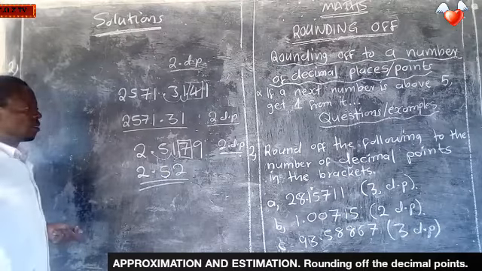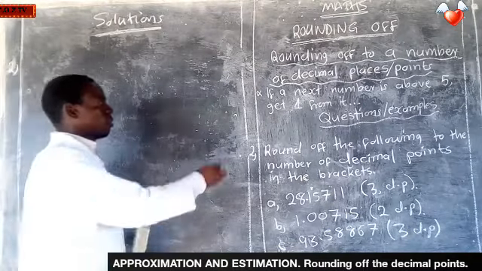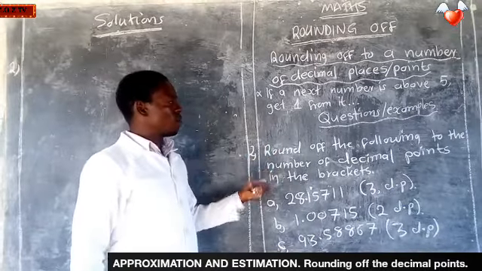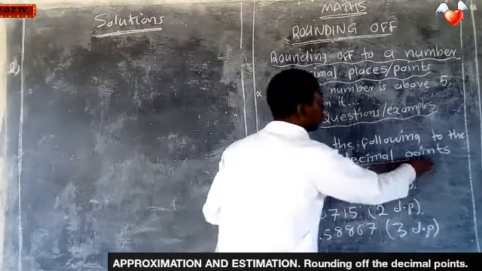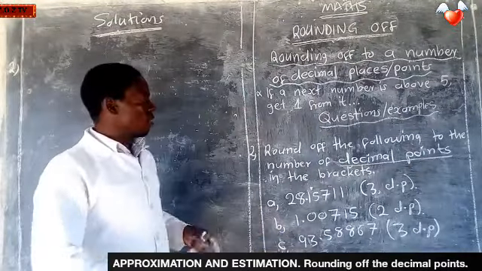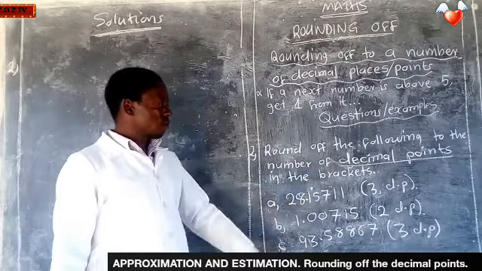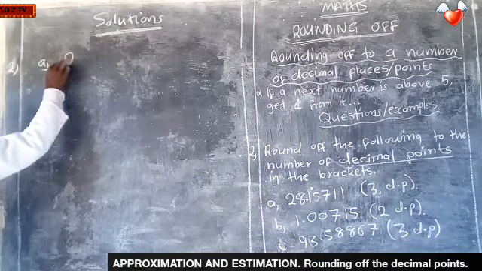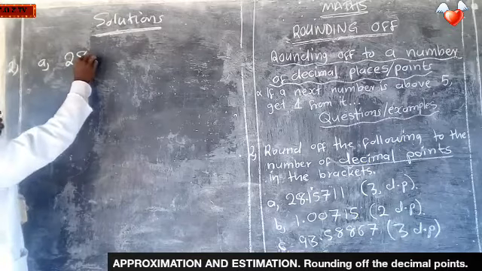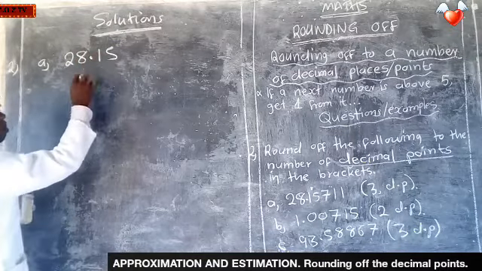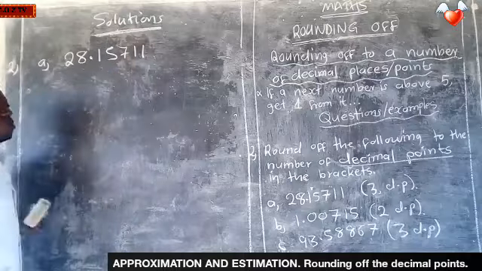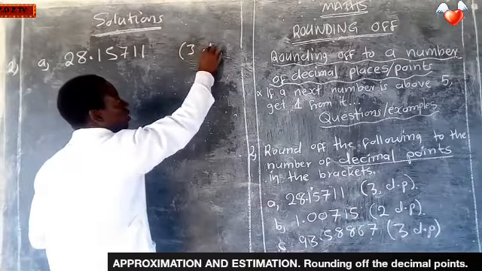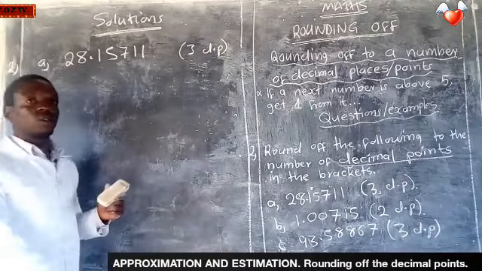Yes. For example here, example number 2. The question says, round off the following to the number of decimal points in the brackets. So we have the first one. This is 28.15711. And what I have here is 3 decimal places or points.